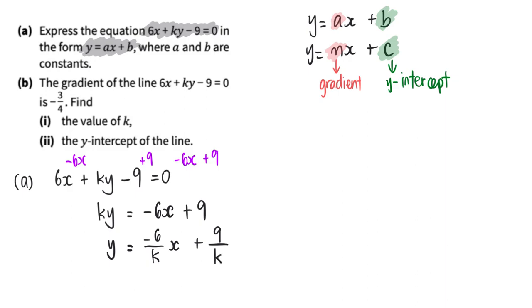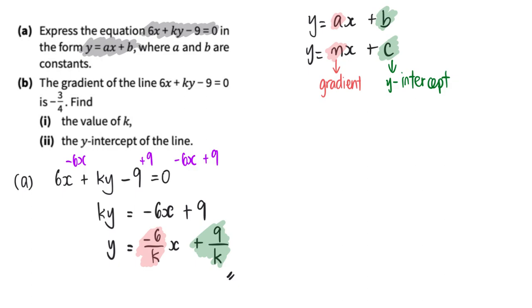And this will be the answer for part A, where we have successfully expressed the equation into y equals to something x plus something. So we can see now that this will be my A, which is the gradient. This will be my C, which is the y-intercept.